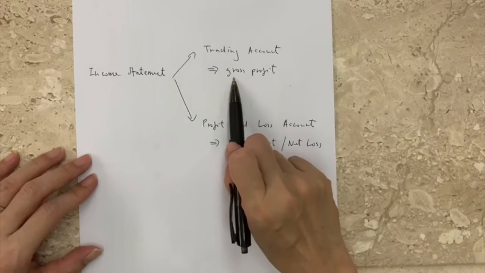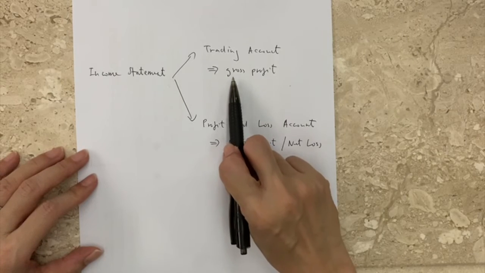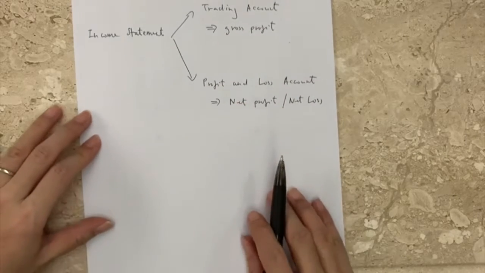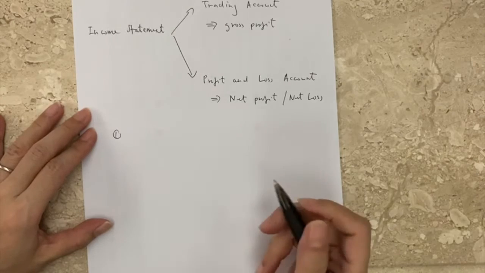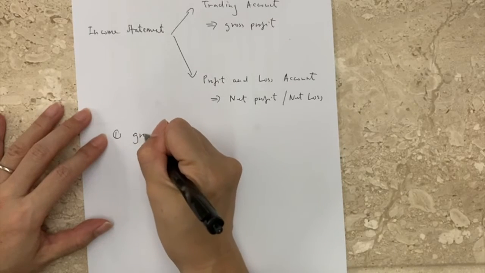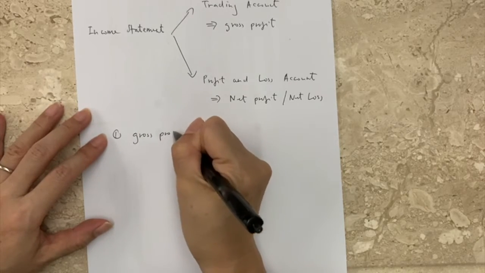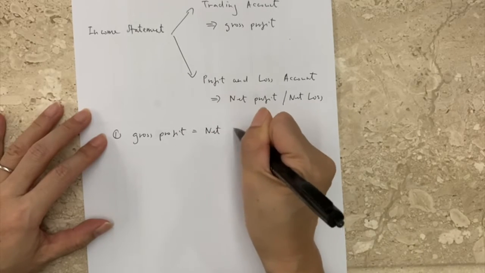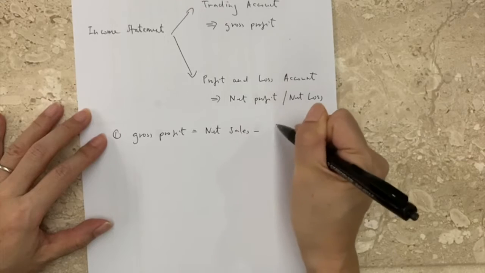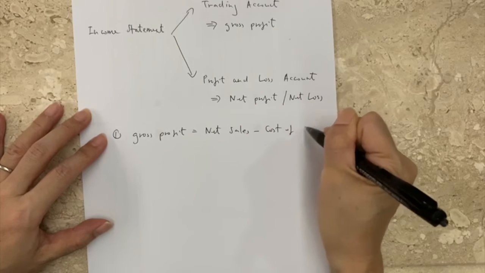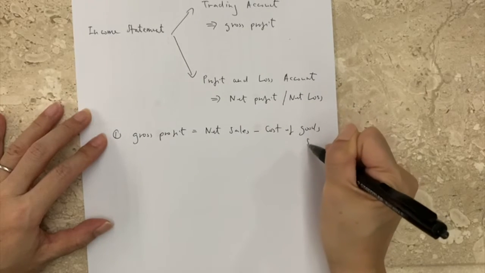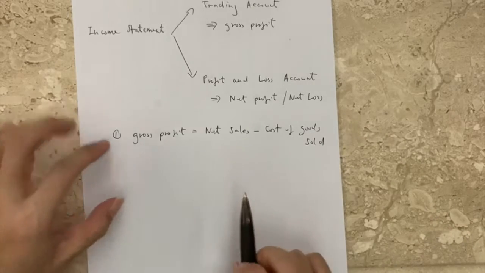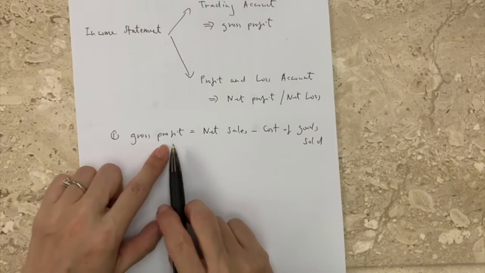Next I'm going to give you the formula for gross profit. Here is the first formula: gross profit is equal to net sales minus cost of goods sold. This is the formula to calculate gross profit.